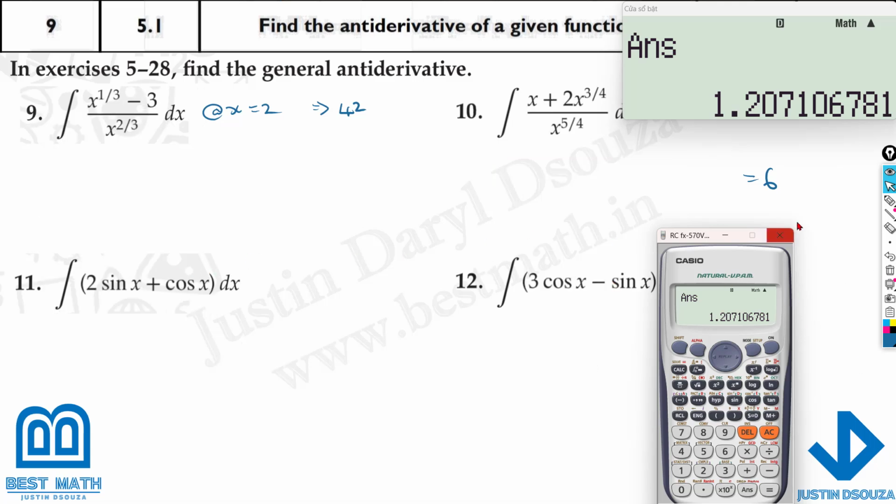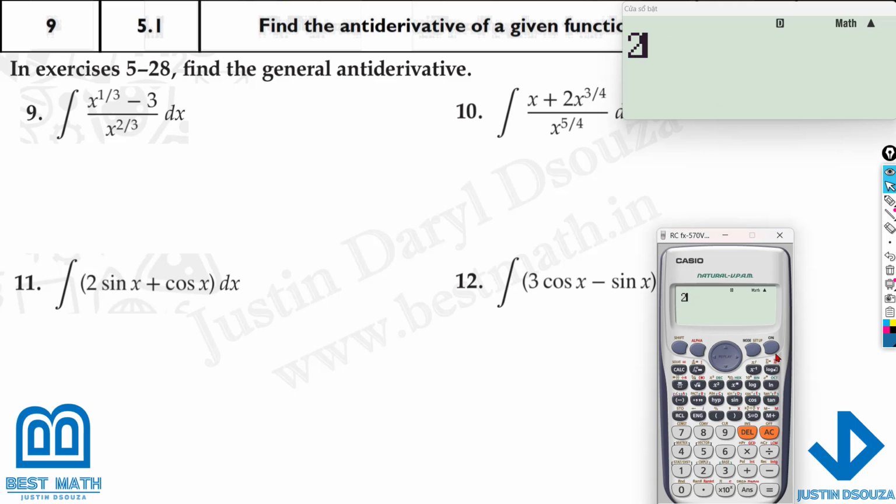I will try solving some trigonometric functions. These are all the same, but this trigonometric function, let us first type it out. Now here, whenever you have a trigonometric function, make sure you change the mode. Let me show it in the degree mode and then let me change it. It's 2 sine x plus cosine x.